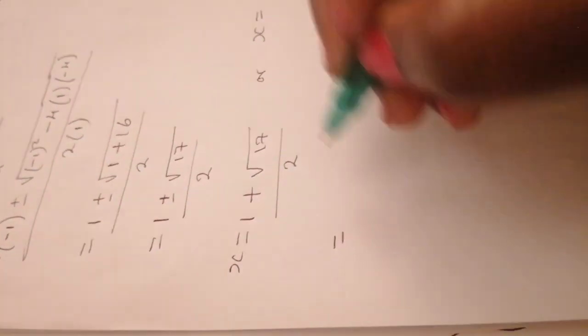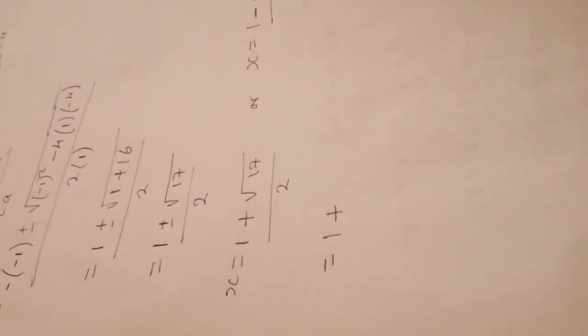Okay, so evaluating, we have 1 plus square root of 17.